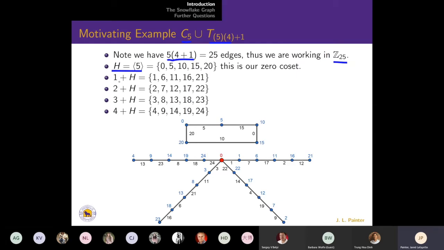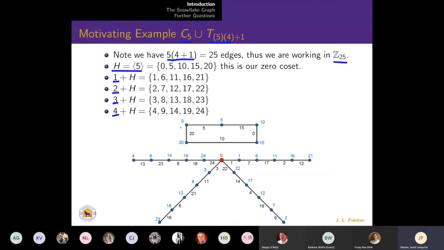And then we can compute our first coset, second coset, third, and fourth. And you can see how we do this: you essentially just add 1 to each of the elements in the previous coset to get the elements in the next coset. So this accounts for all of our distinct elements in Z mod 25.